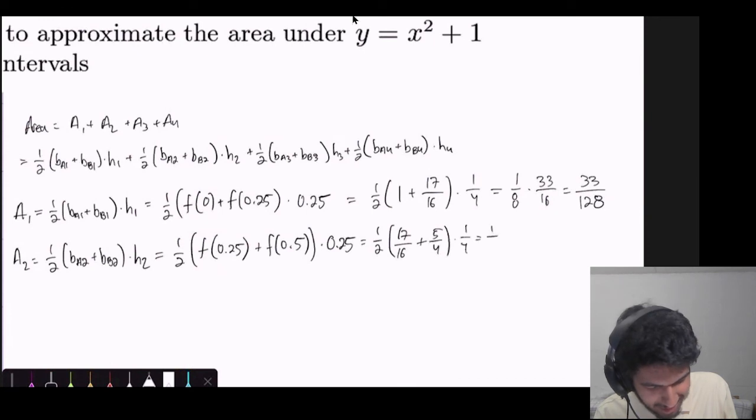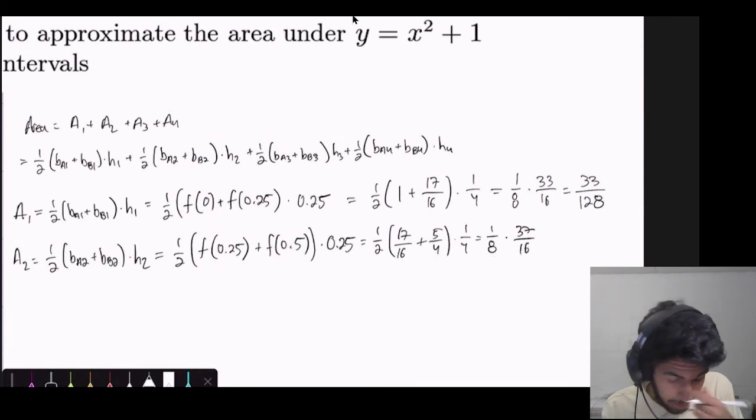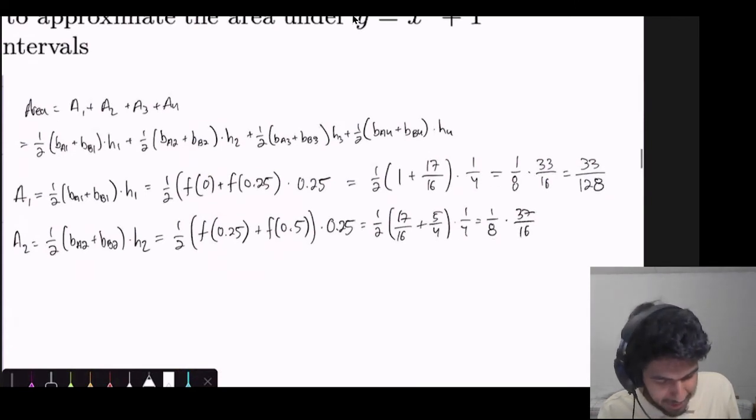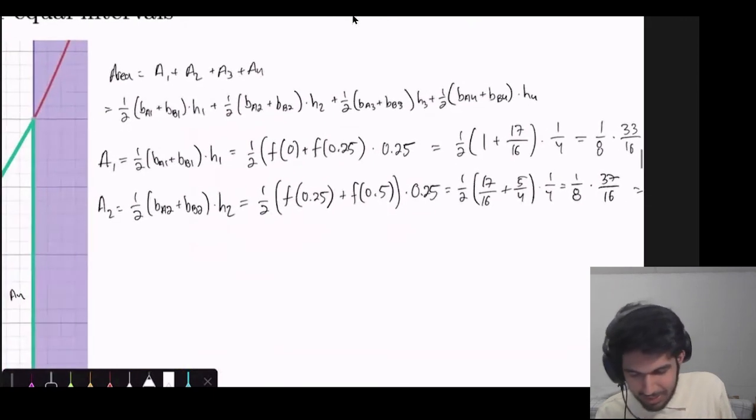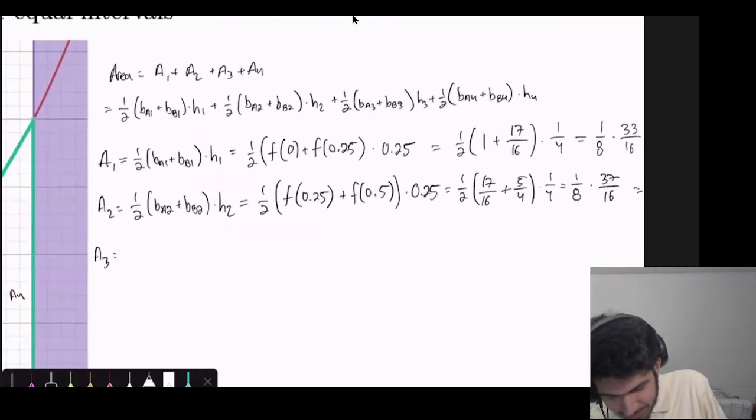So this is 1/8 times 37/16, I hope. So that will be 37/128. Let's do A3. Can speed through this one, hopefully.